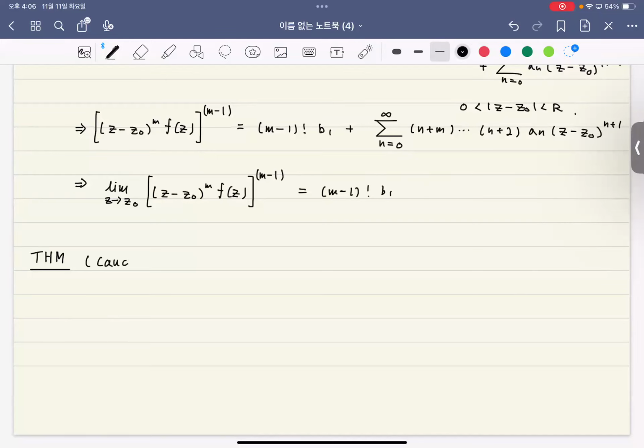Cauchy's residue theorem. This is the statement. I have a simple closed curve C, as always with positive orientation.